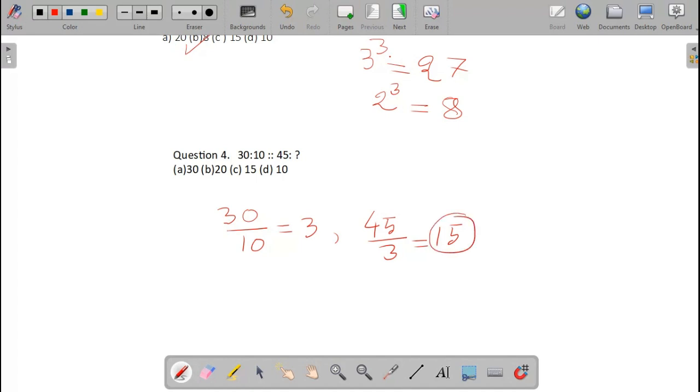Yes. Let's see if it fulfills another logical pattern. 30 minus 10 is equal to 20. 45 minus 10 is equal to 35. Is it here? No, it is not there. There is no option for 35. So here we have to go with option C, 15.